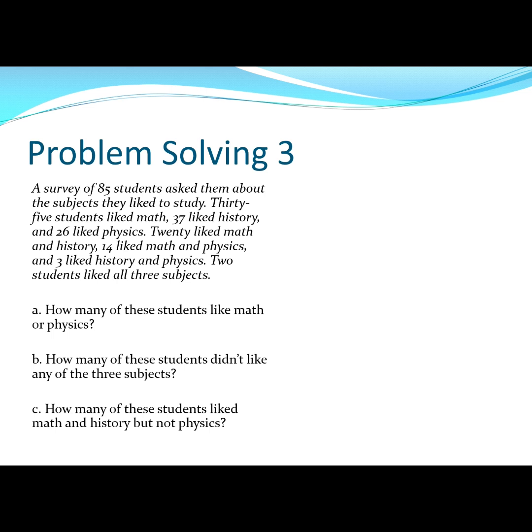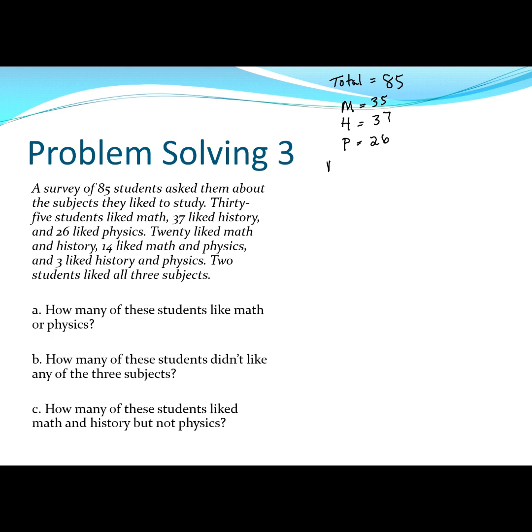All right, so we've got a bit of a mess here. So before we read the questions, let's organize our data and figure out what we have. Well, we have the total students, and that's 85. The ones that liked math was 35. The ones that liked history was 37. The ones that liked physics was 26.